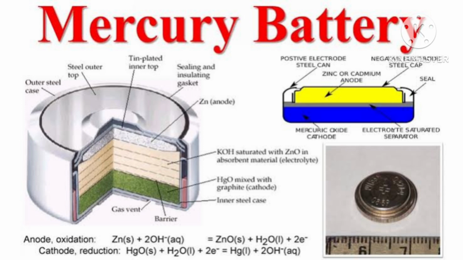The main role of HgO is just to help the Zn. Mainly potassium hydroxide is used as the electrolyte.